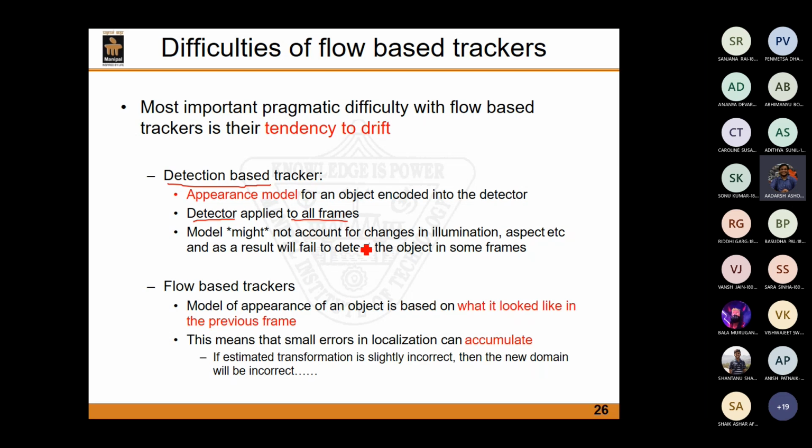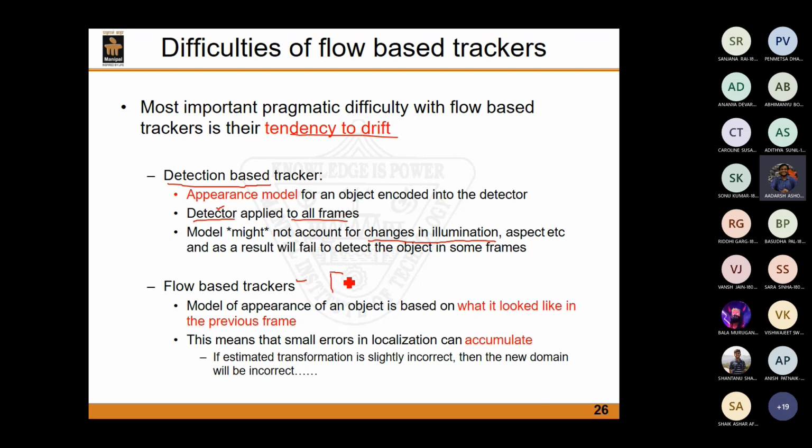Let's say if you have some changes in the illumination, probably the detector that you're using may not be able to detect the object properly. So that is one limitation of the detection based tracker. Now when you come to flow based trackers, there could be a tendency to drift. What that means is, let's say there is some kind of error in the determination of the displacement.